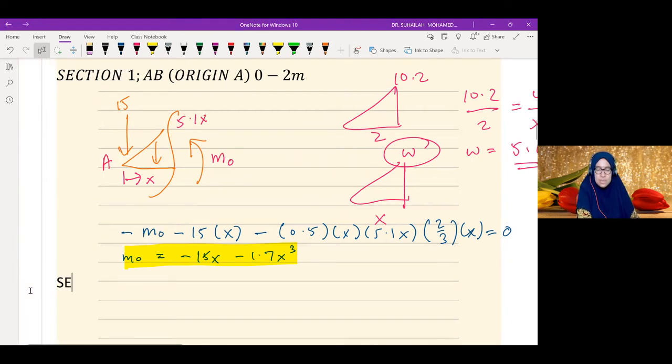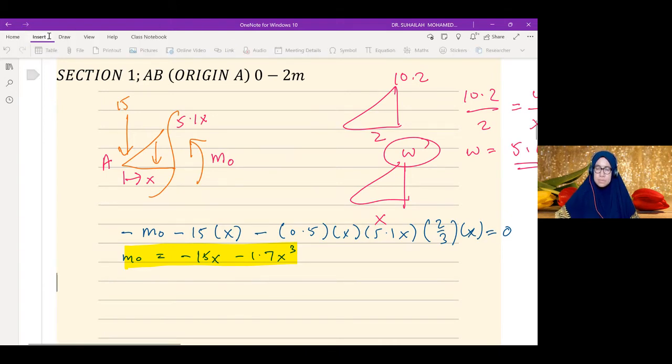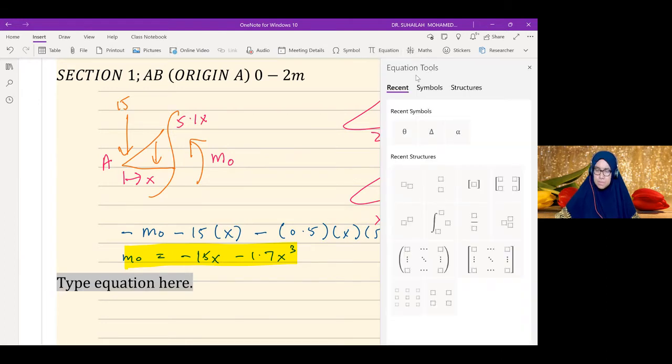For section number 2, which is BC, choose the best origin.